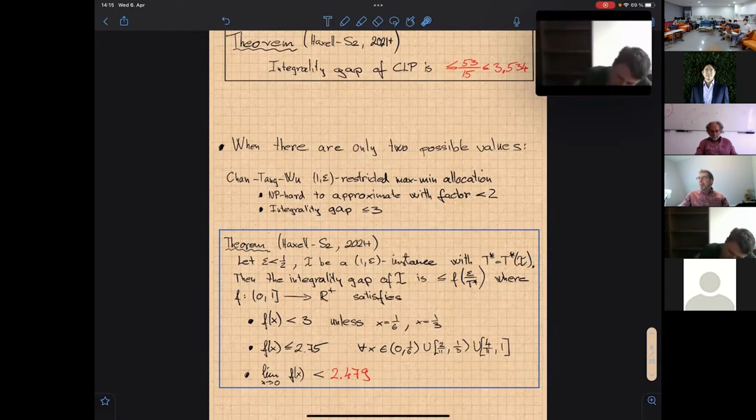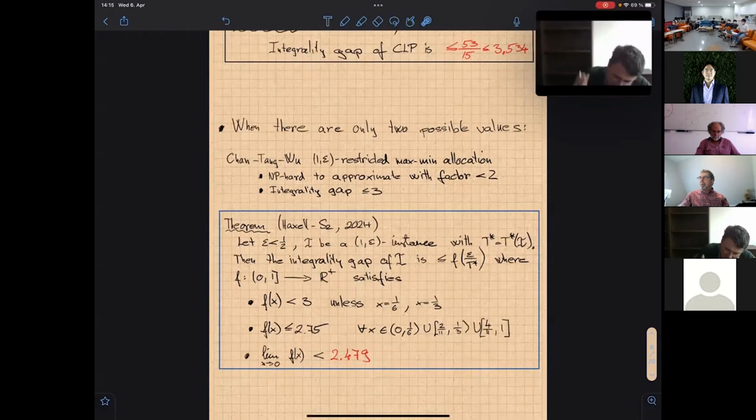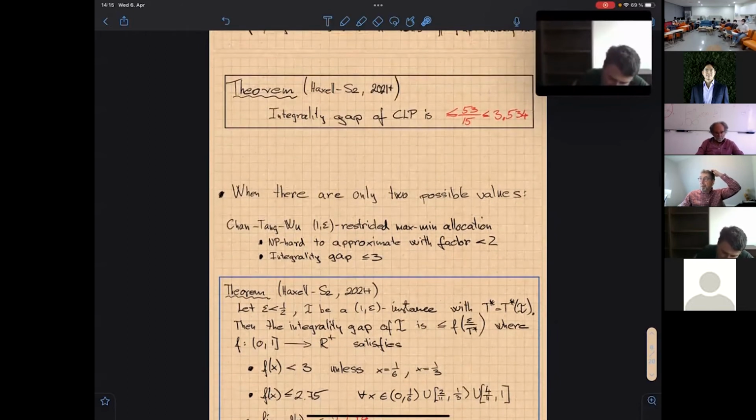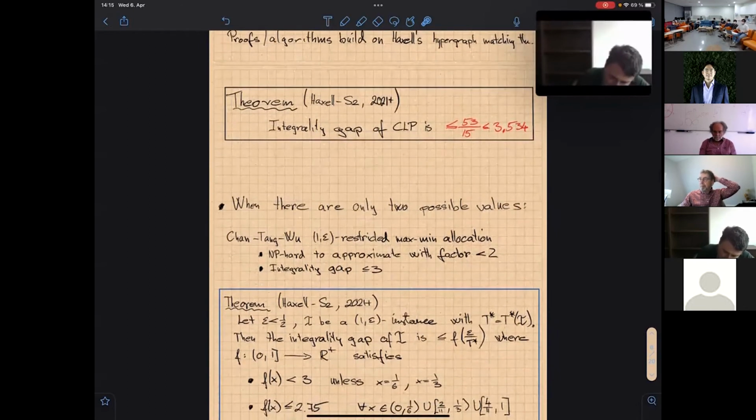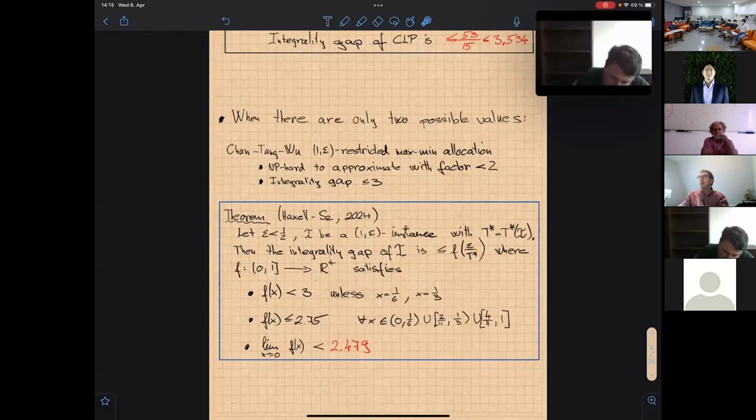So here you can see that we are identifying 2 instances where this could still be 3, and this is really, I think, maybe one message of this theorem: if we want to have an example which is better than the 2-approximation, this NP-hardness, then maybe these are instances one could specifically look at and search for examples.